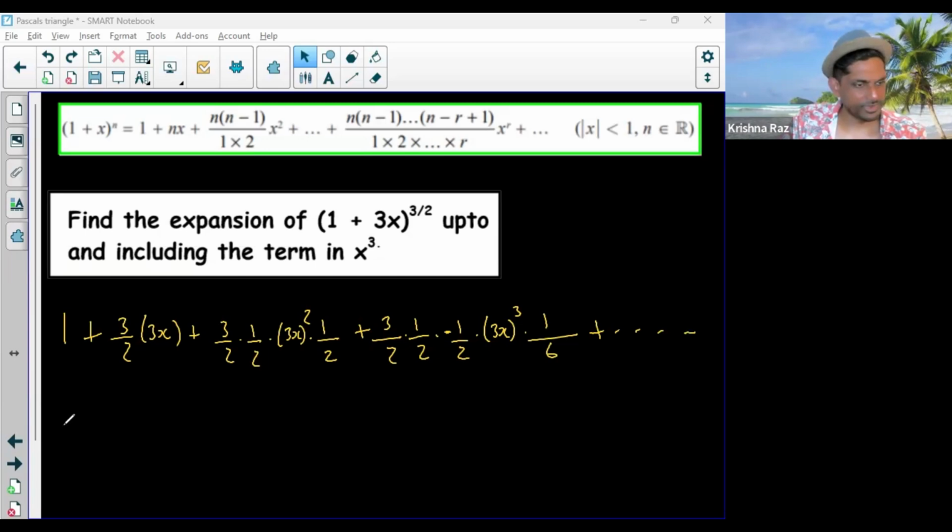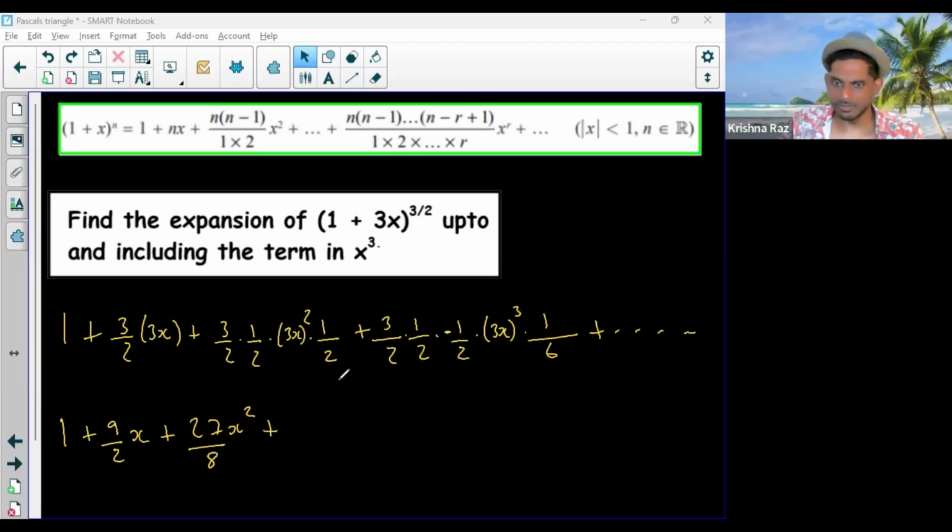Now we just simplify. So we have 1 plus 9 over 2 x plus 3 times 1 is 3 times 3 squared. So 3 times 9 is 27 times 1. All over 2 times 2 times 2. Plus the last one, we have a 3 times 1 times minus 1 times 1 times, sorry, 3 cubed.